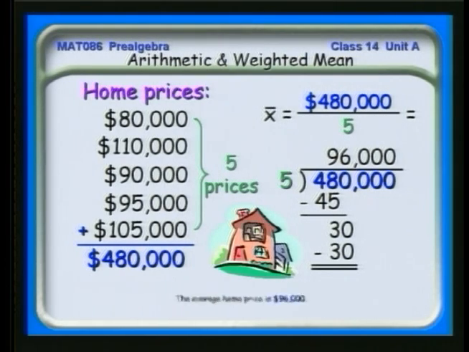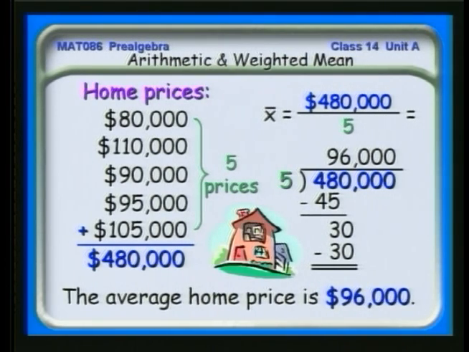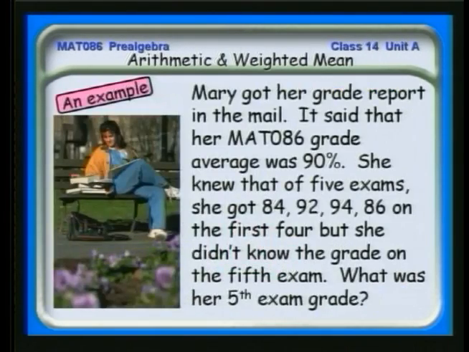And I can say then the average home price for this particular neighborhood is $96,000. If I want to sell my $500,000 house that I've put all this money into, I may not get everything I want out of it, because all the houses around mine would be relatively not quite as nice.